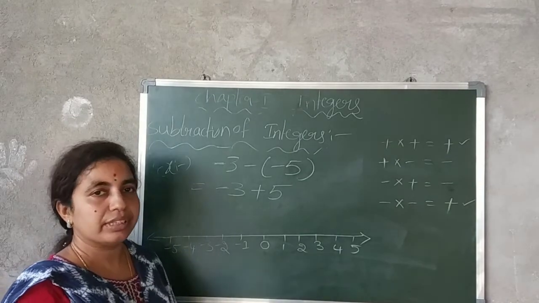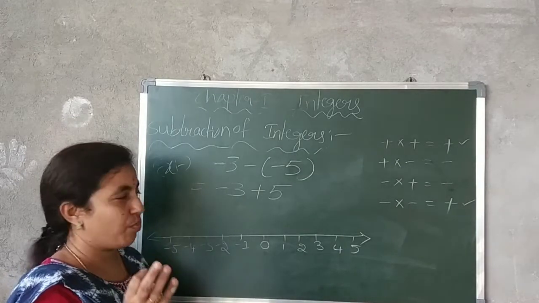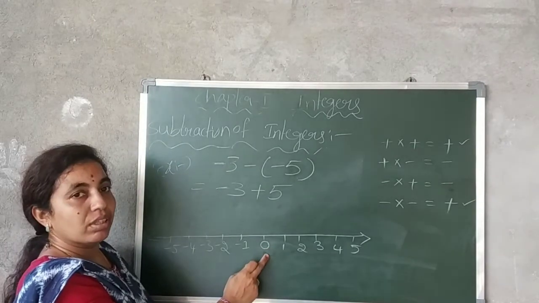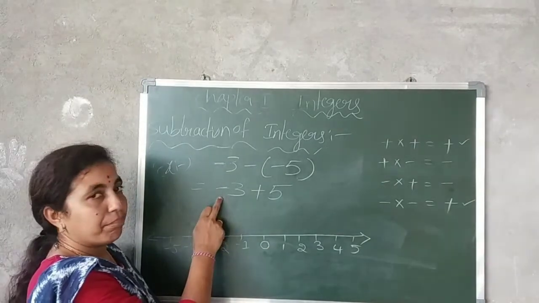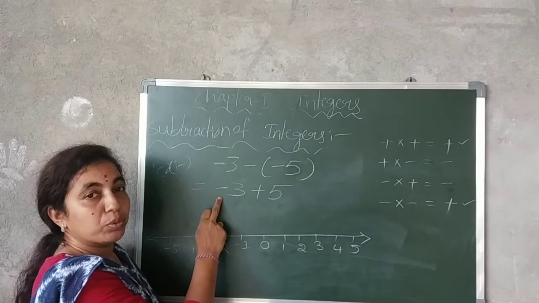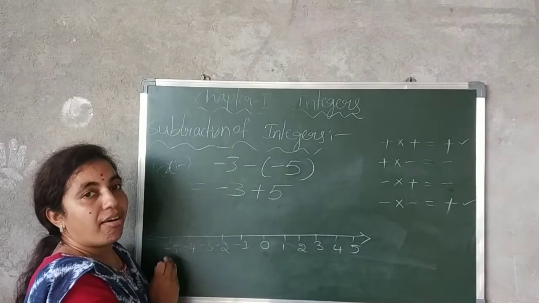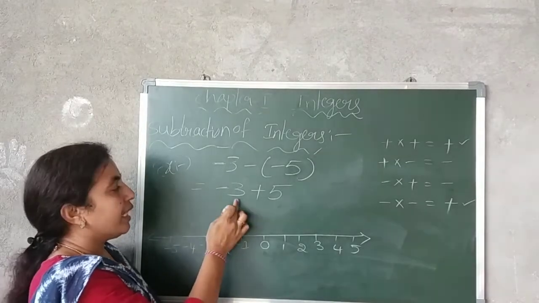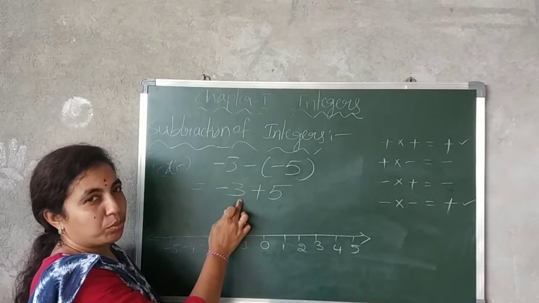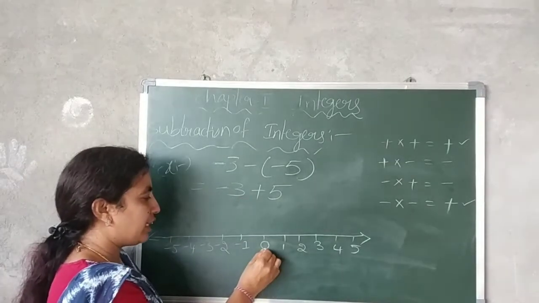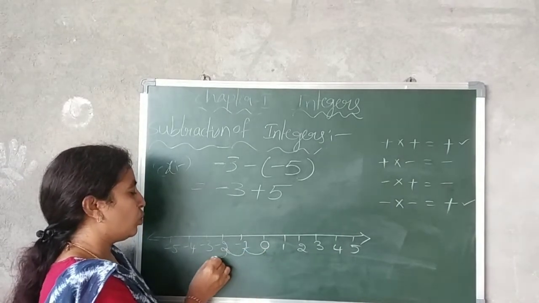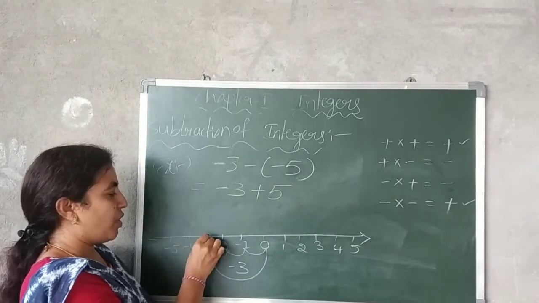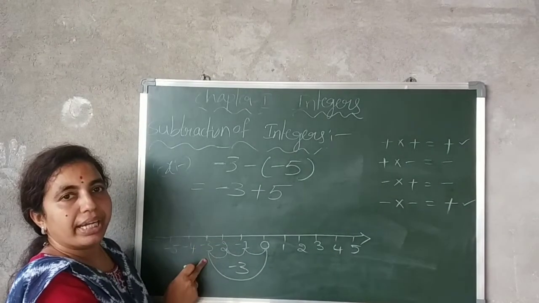So from 0 we'll start. What is the first sign you have? Minus. Minus means where should you move? On the left side of 0. How many steps should you move? 3. So move 3 steps from 0. 1, 2, 3. Minus 3. Now where are you? Now we are at minus 3.